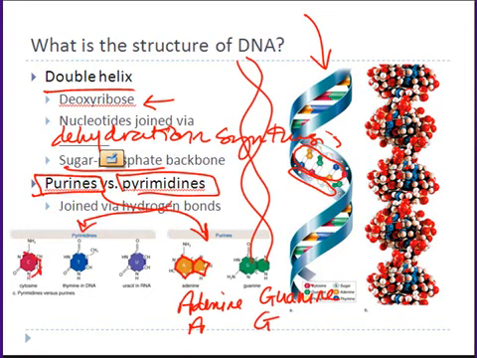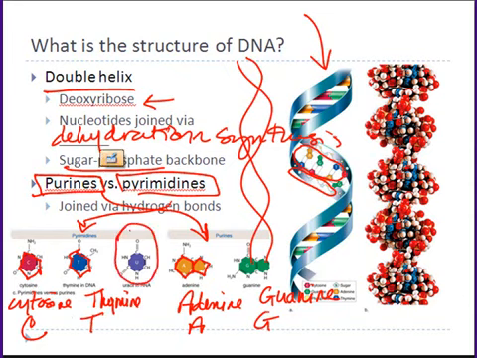Pyrimidines are a single ring of carbons, and they include cytosine, or C, and thymine, or T. Those are all in DNA. In RNA, we also find a different pyrimidine called uracil, or U, in place of thymine, but we'll talk more about that later.